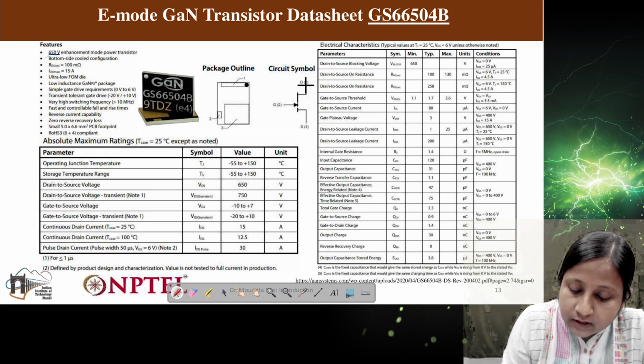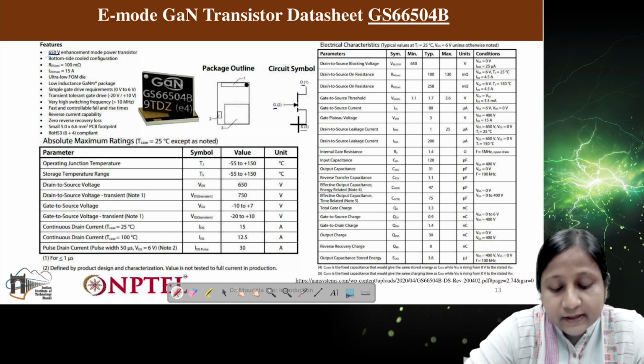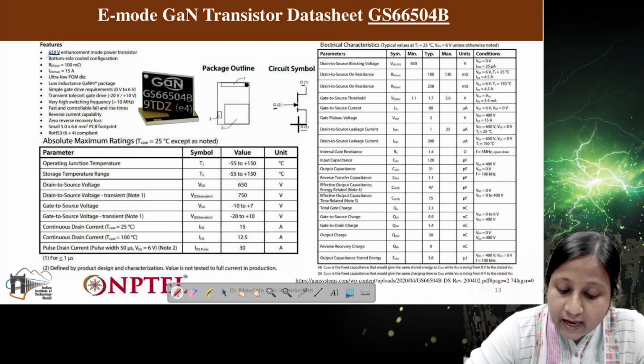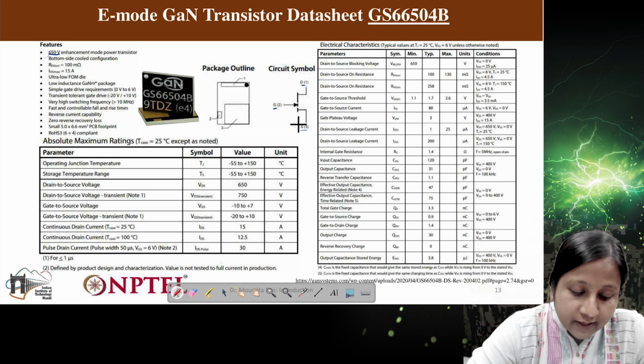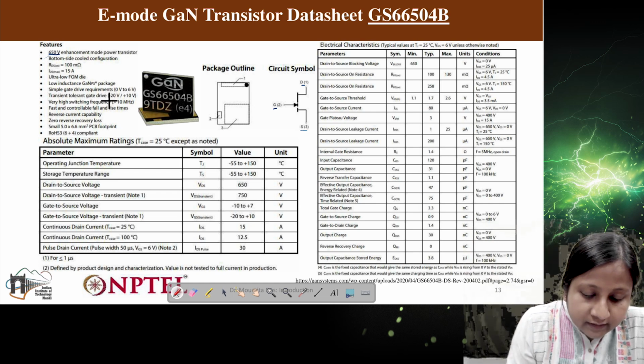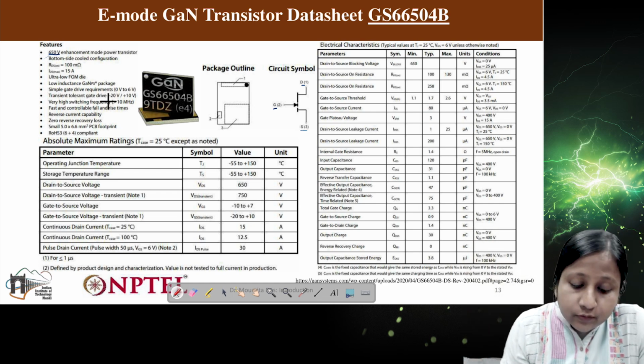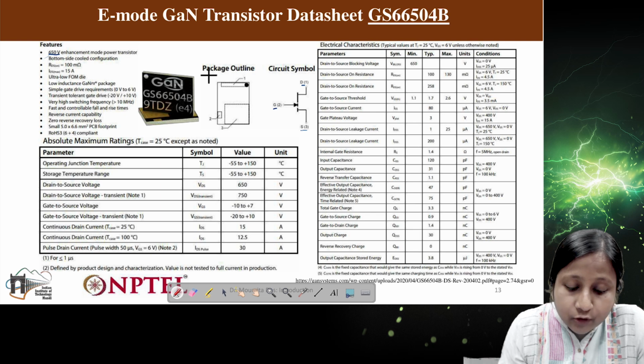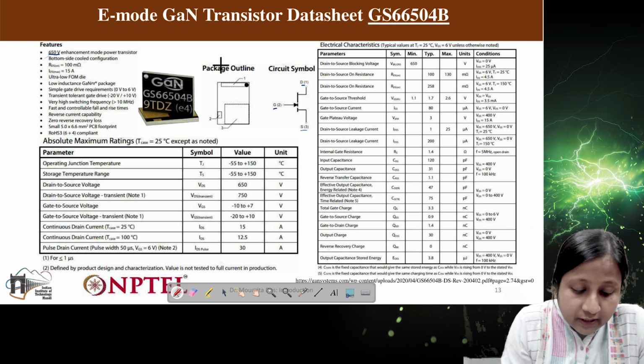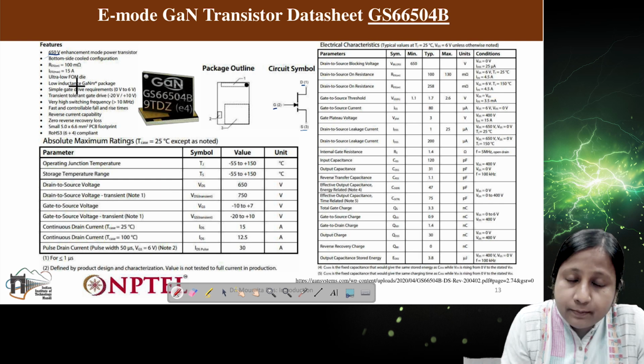The access points of the drain, gate, and source are all placed on the bottom side, and this is an SMD type of device. This requirement of an SMD type of device for GaN is due to the need for low inductance in the package.